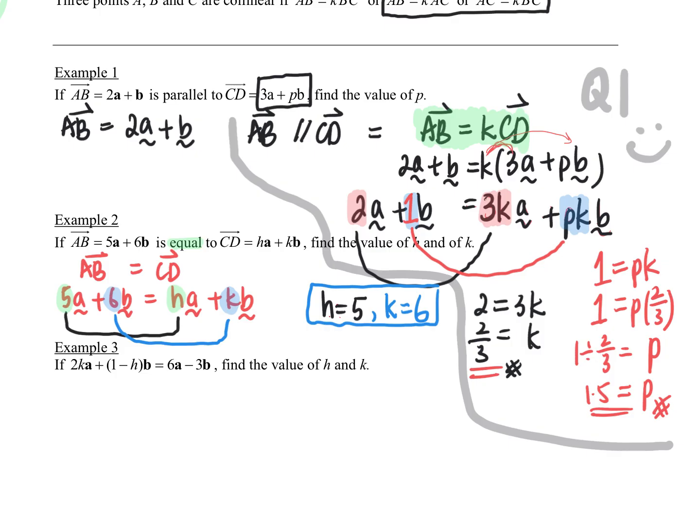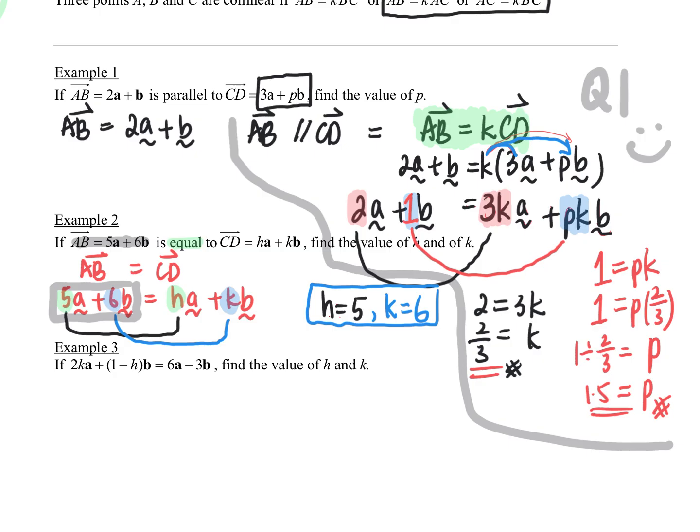There's nothing to expand. They say AB is just 5A plus 6B, so I just replace only. This is my AB. The other one I need to expand because I want to compare them. So I need to expand my K into 3A and my K into PB. Then I can compare the left side with the left side, the right side with the right side. I must simplify first, then I can compare.